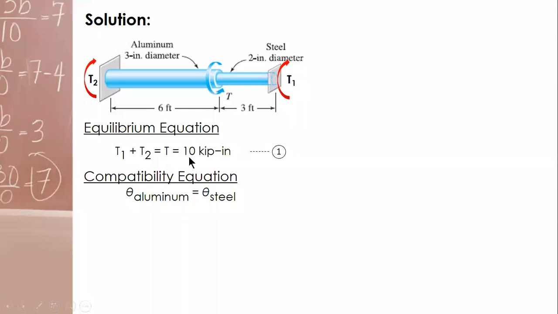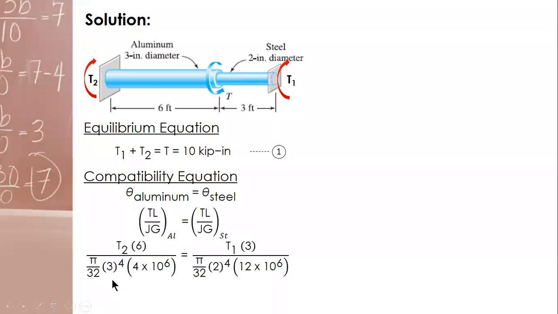Rigid man eh. And then you replace this one by its expression. TL over GJ for aluminum equals TL over GJ for steel. And then you replace aluminum T2.